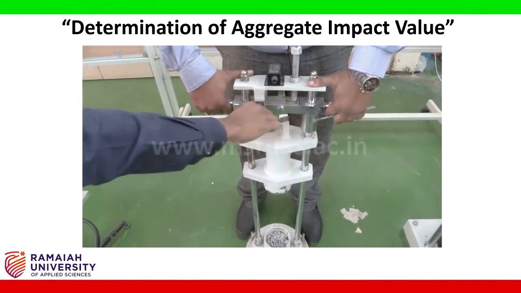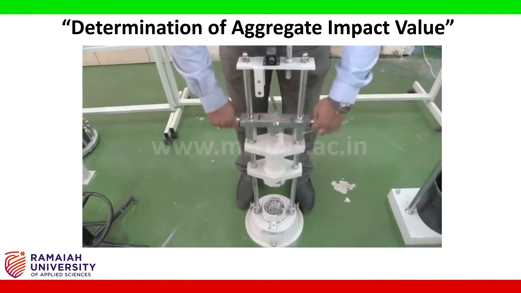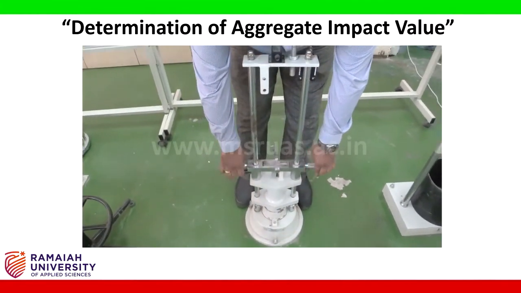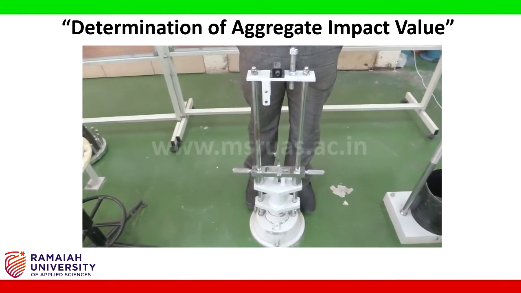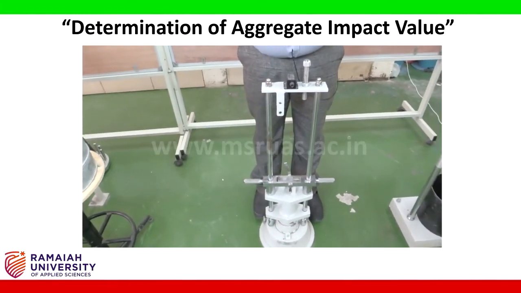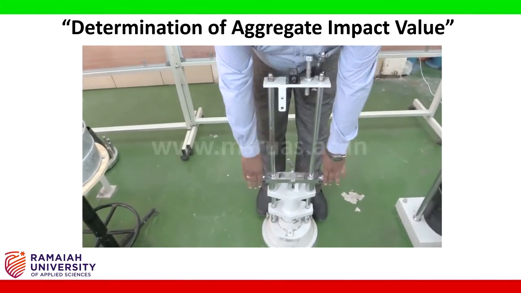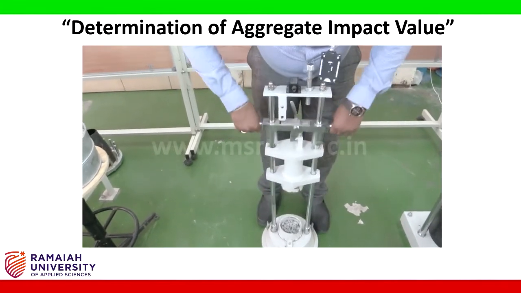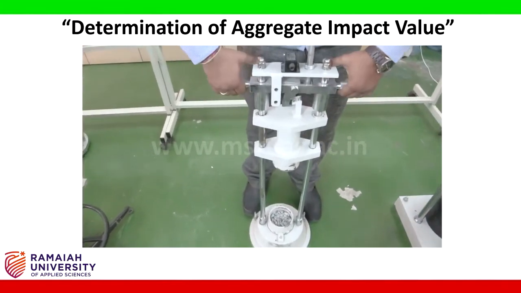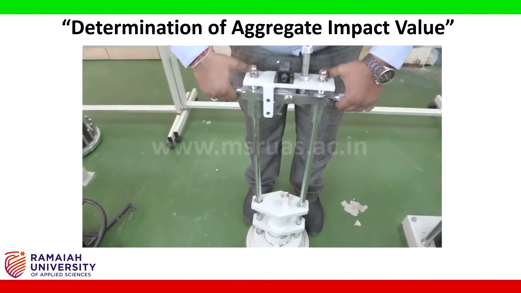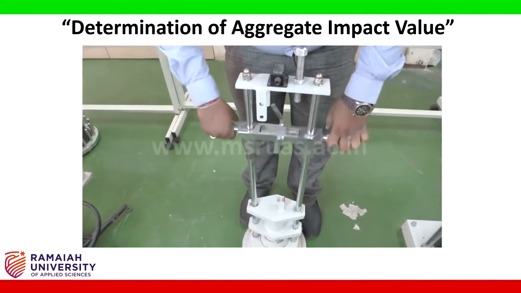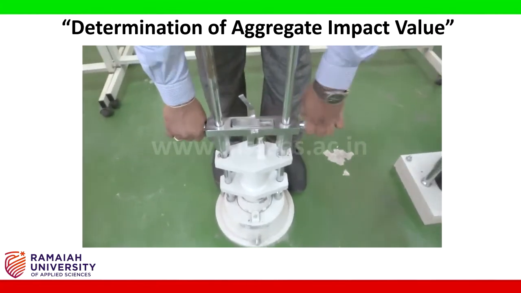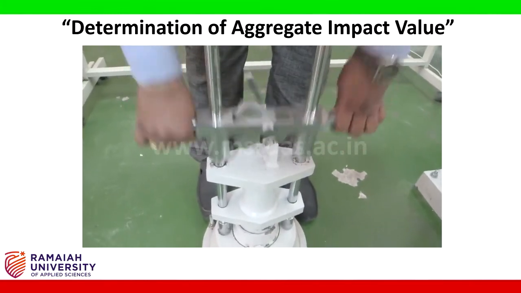What we are going to do is lower the system and start giving the impact load to the aggregate mass. If I do one thing like this, this is what we call one impact. Like this, we are supposed to give 15 impacts to the aggregate system.